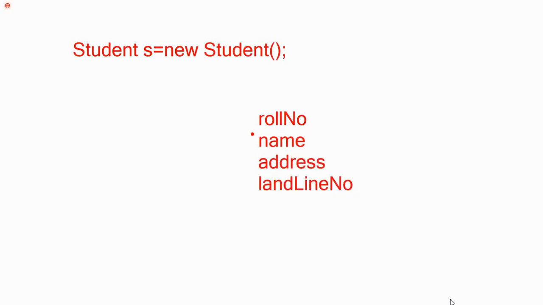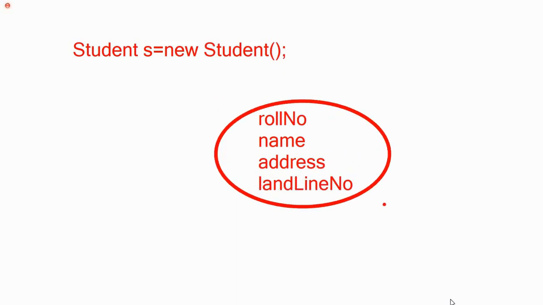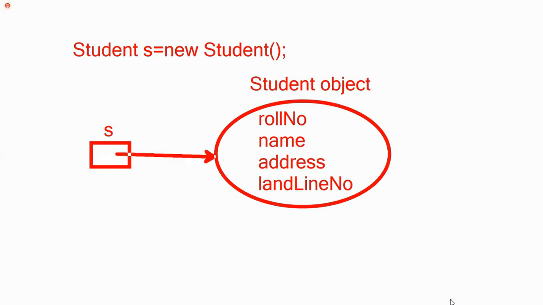These are all the student object. This object is referred by S. What does S contain? Hash code. This object's hash code. Write this one: Student S is equal to new student. If you write it, the right side object is created, that object is referred by S, and that S contains the hash code.